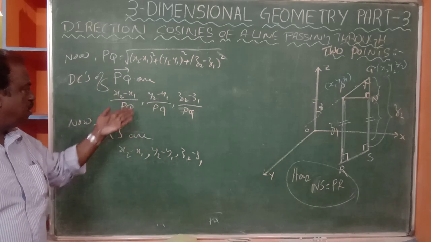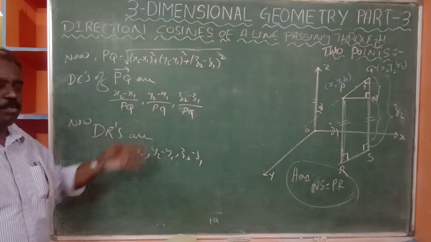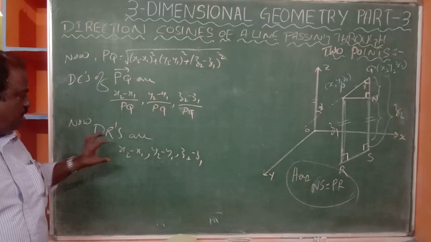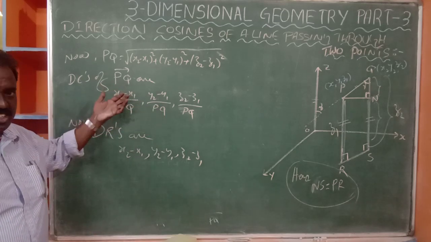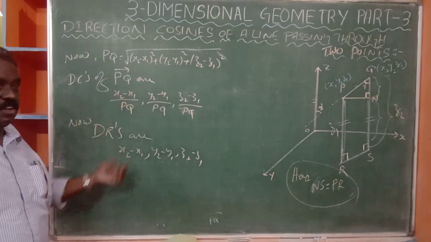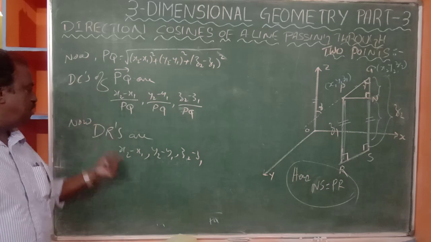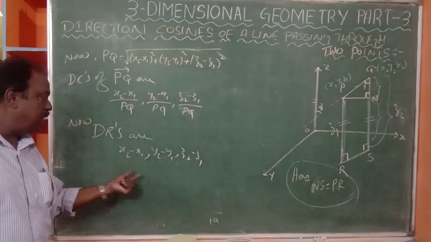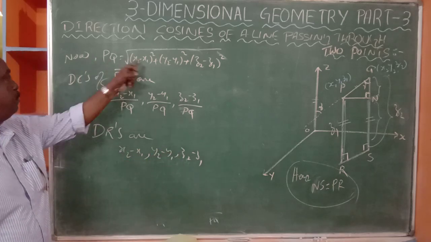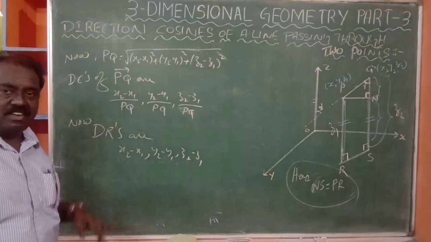Here I cancelled PQ. From DRs and DCs, a relation is there, through which we can also find them. Suppose the DRs are A, B, C; then the DC is A by root of A square plus B square plus C square. That is the PQ.